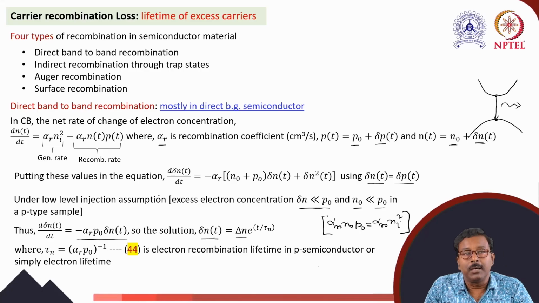Similarly, this type of calculation you can do for an n-type semiconductor for minority holes. In that case, hole lifetime will be obtained as 1 by alpha_r n0.